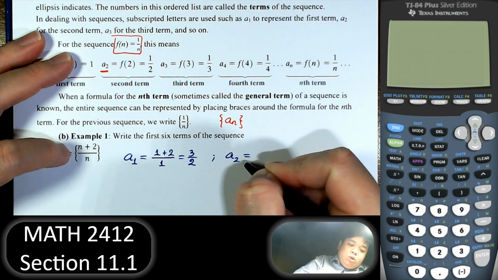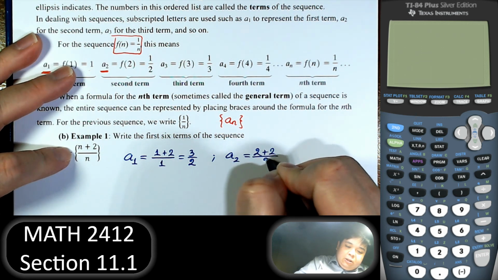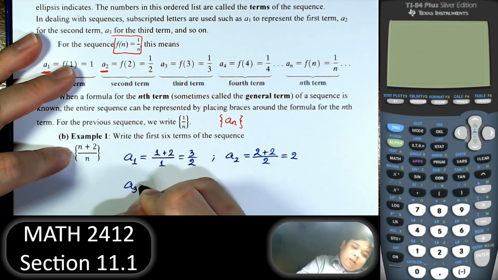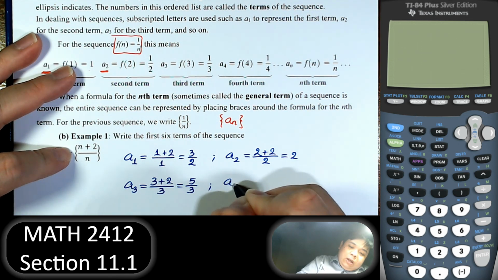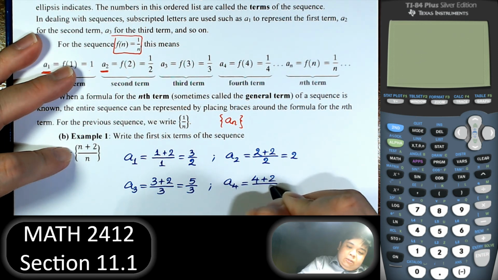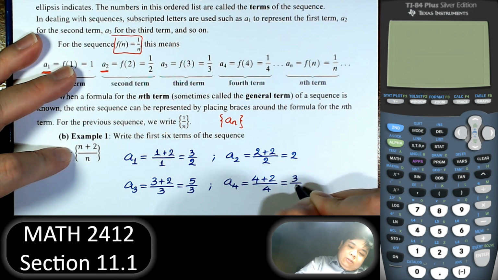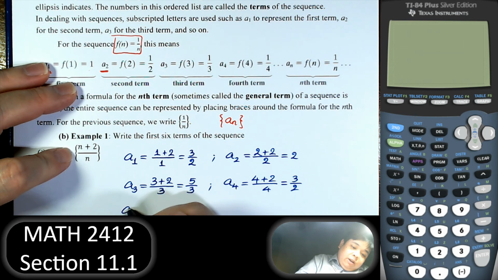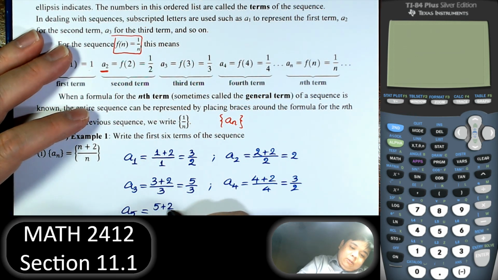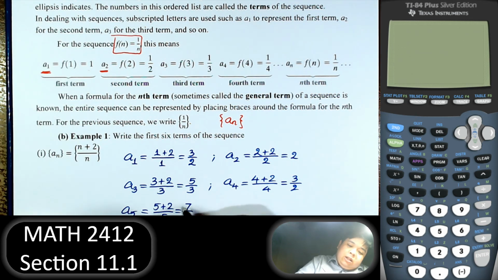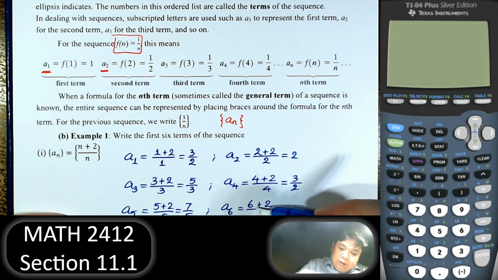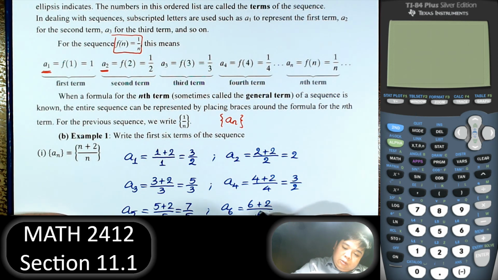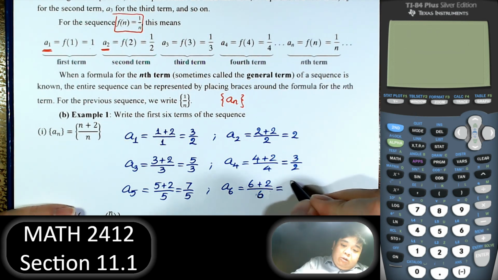And a2, put 2 in for n. a3, a4, 6 over 4 is 3 halves, a5, 7 fifths, a6, that is 4 over 3.